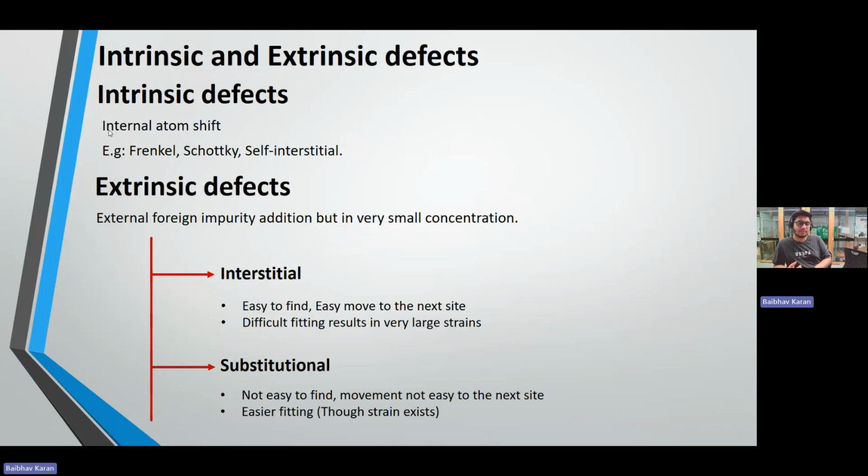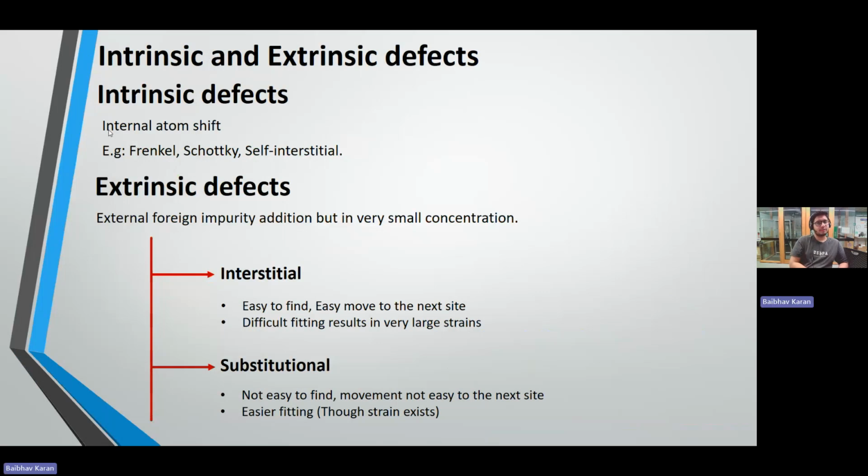There is no presence of atoms in the interstitial sites. But the space is too constricted, so when you add any foreign element to that space, it will create a distortion around the site, which results in very large strains.